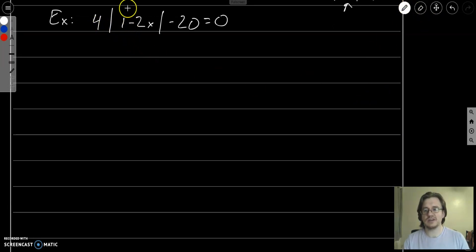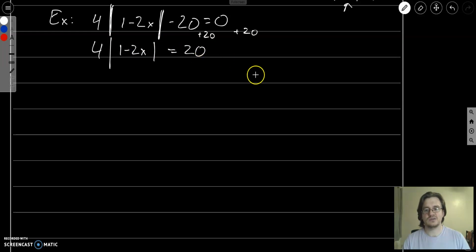We have 4 times the absolute value of 1 minus 2x, minus 20, is equal to 0. So again, our trick using the absolute value sign means that we'll need to solve for it explicitly. So what I'll do is I'll add 20 to both sides to get 4 times the absolute value of 1 minus 2x is equal to 20.